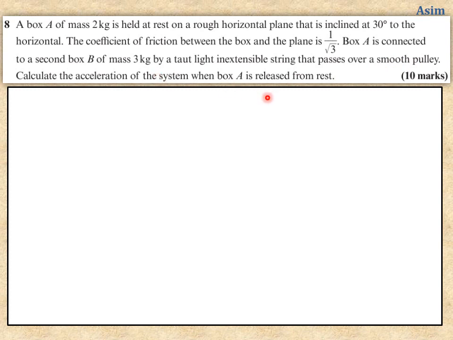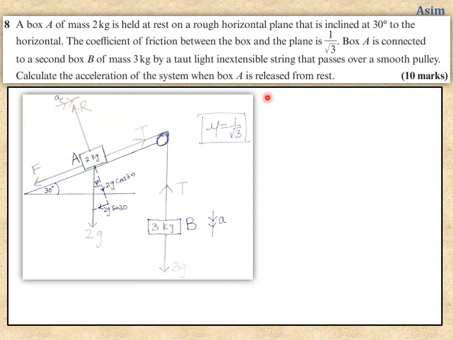First, let me draw this scenario. Okay, so now you see there is a particle of mass 2 kg, connected by this string to another particle of mass 3 kg. This is the pulley. So this is the setup. The lines that you see here are the forces that I have drawn.